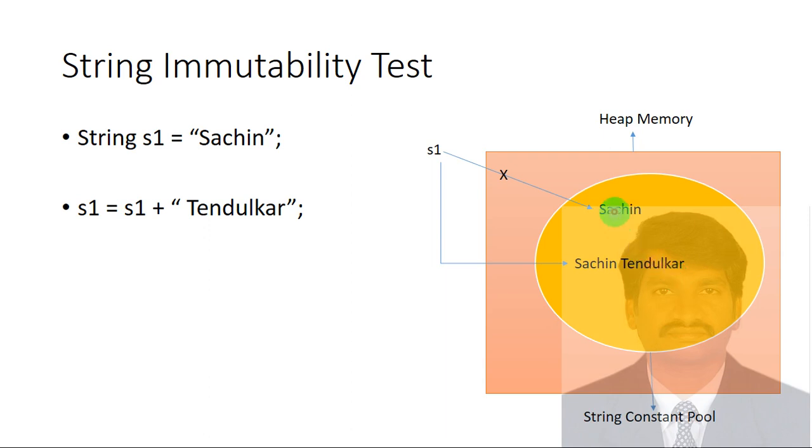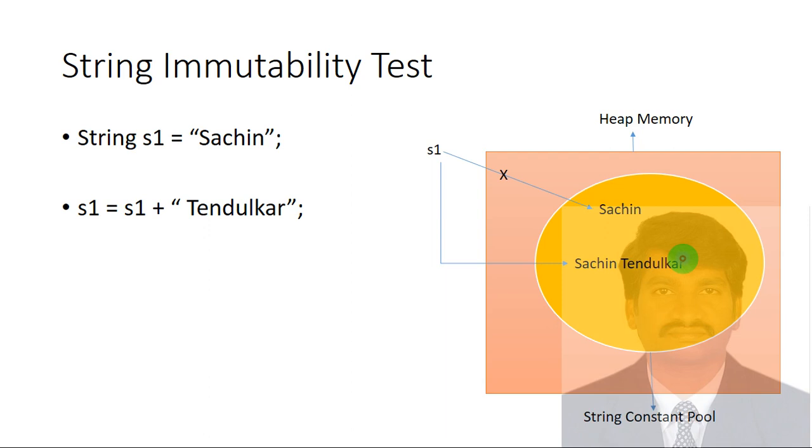So how can I prove that? After creating string s1 is equal to Sachin, I will print the address of this object. After s1 is equal to s1 plus Tendulkar, again I will print the address of this object. If both are not equal, then I can say strings are immutable.